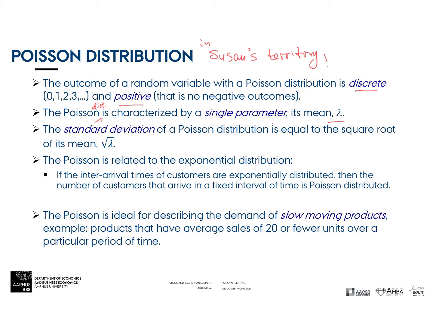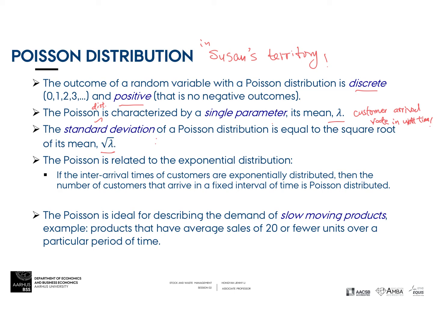If we want to interpret this value, we can interpret it as a customer arrival rate within unit time. The standard deviation of a Poisson distribution is equal to the square root of its mean. So the Poisson distribution does have a standard deviation, but we don't really use that to model the demand.